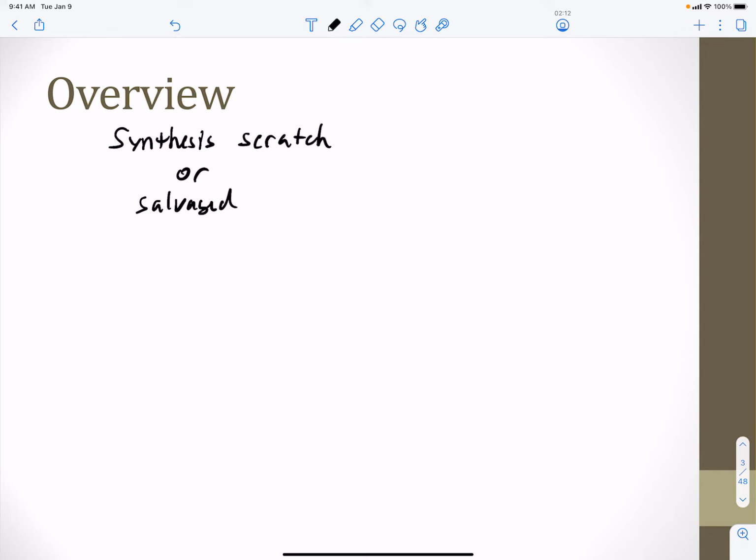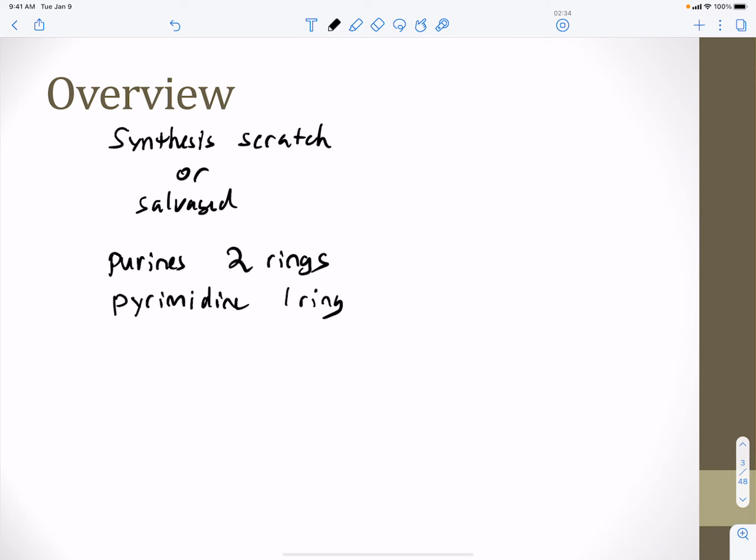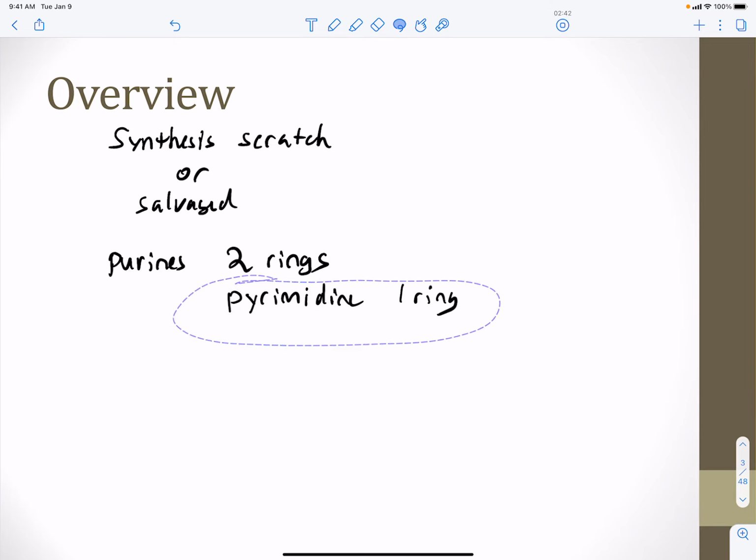Now, when you're making your purines, you're going to form two rings. So your purines have two rings, and your pyrimidines only have one. Let me move this to make it just a little bit easier.